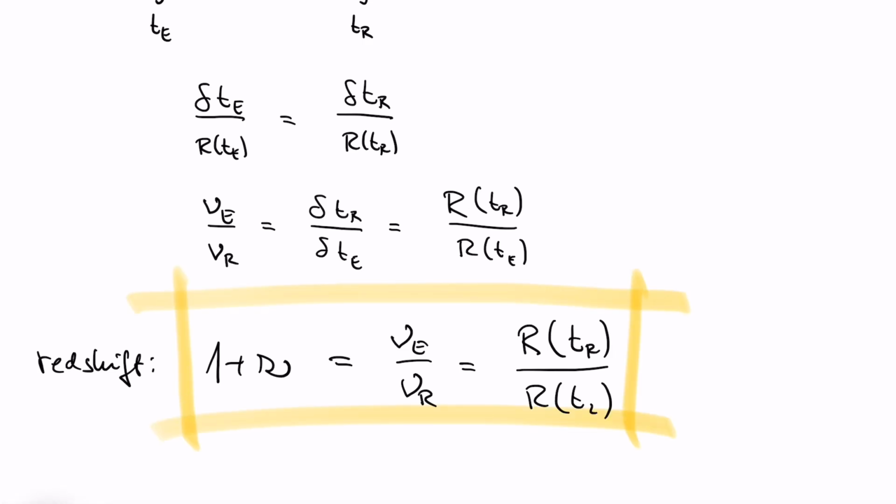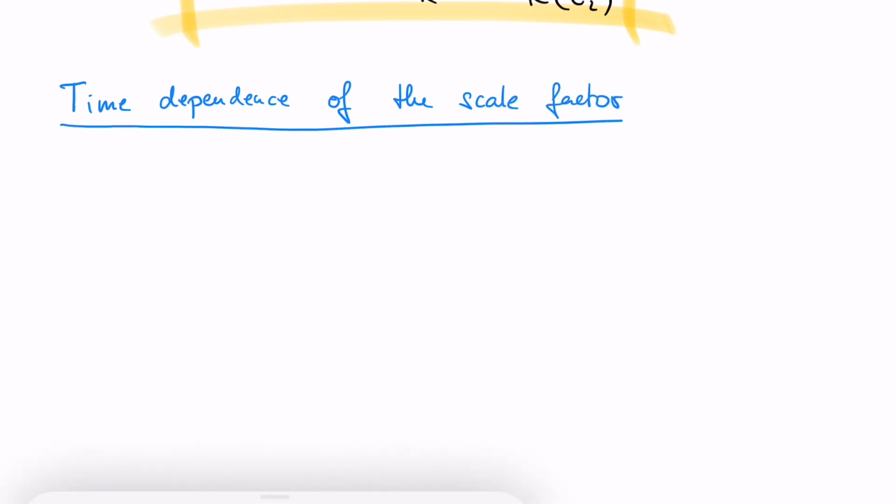The next feature encoded in the metric, which we are going to look at, is the time dependence of the scale factor r. This is commonly known through the expansion of the universe. We will denote the present time as t0. If we observe the objects in the universe, we look at signals which were sent out in the past. If the past is not too ancient, then for the recent past we can Taylor expand the scale factor r around the present time.